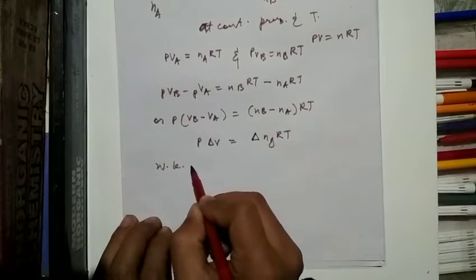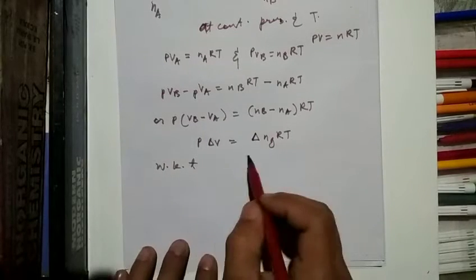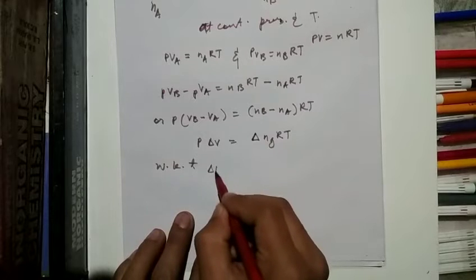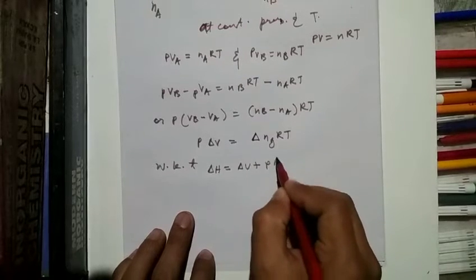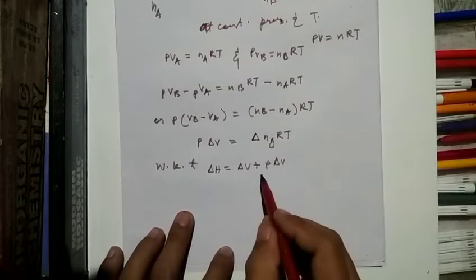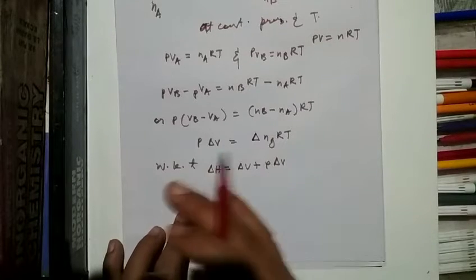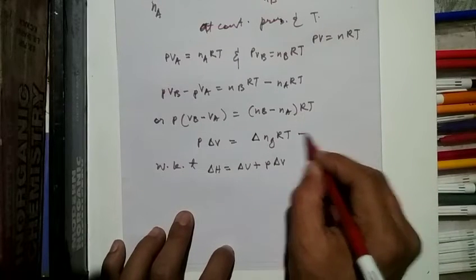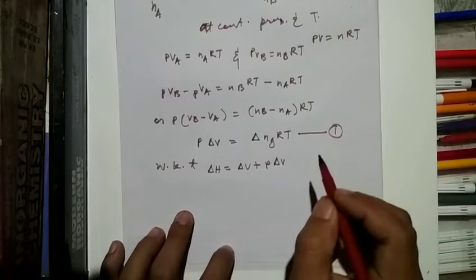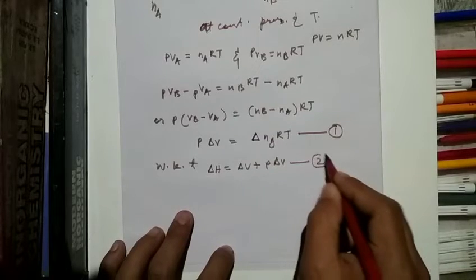Now we know that, I'm writing in short form, delta H is equal to delta U plus P delta V. We got this from our previous discussion. Let's take this one as equation 1, and this one as equation 2.